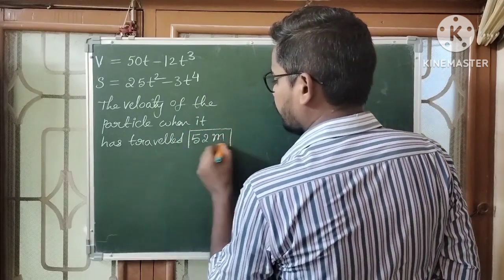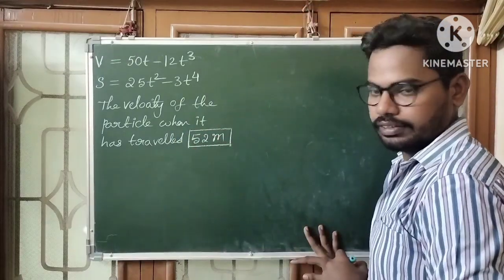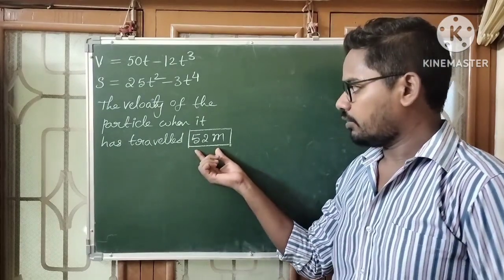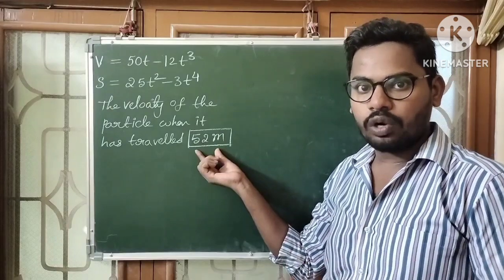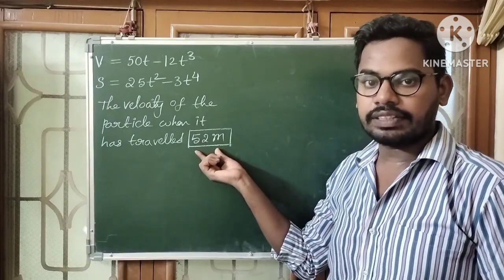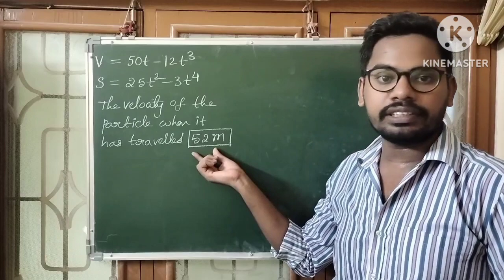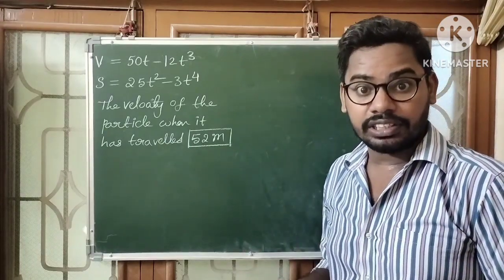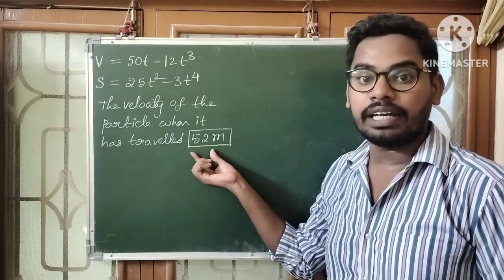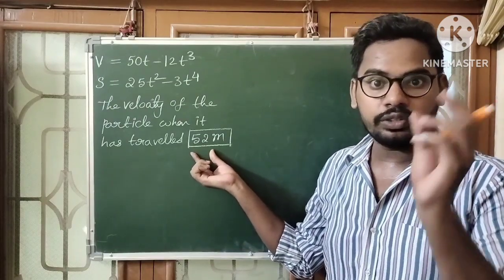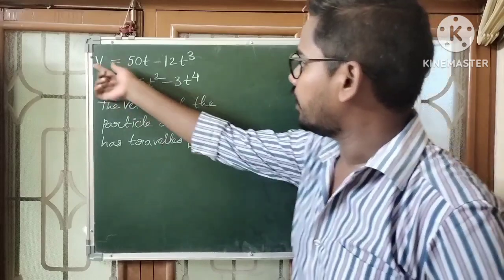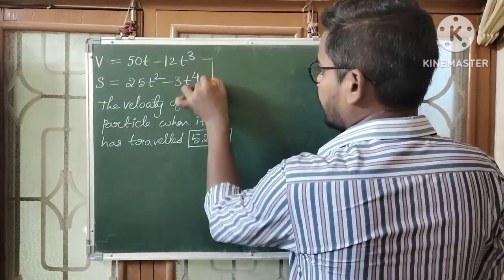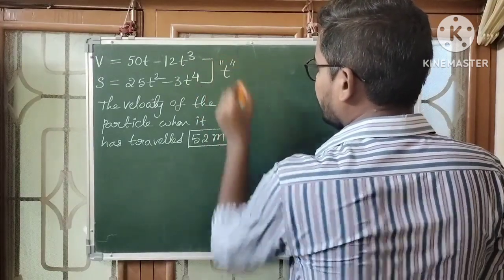So first of all we should know at what time the distance traveled by the particle is 52 meters. Using that time we can find the velocity of the particle.